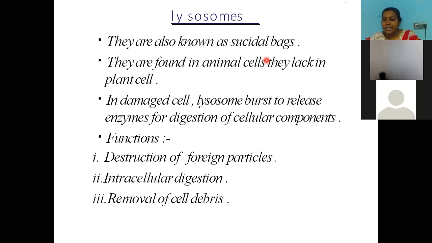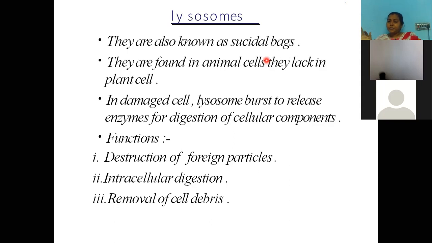Suicidal bags. Actually, students, these lysosomes have so many digestive enzymes. So, the enzymes mean what? They are going to break down the macromolecules into simple ones. That is nothing but digestion. Okay. In the damaged cells, meaning worn out cells, for example RBC, the lifespan is 120 days, WBC lifespan is 12 days, and platelets lifespan is more than a week.